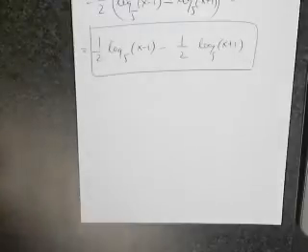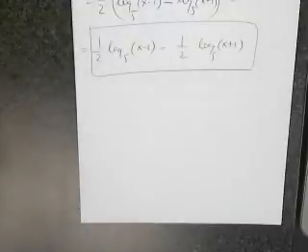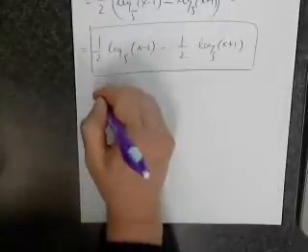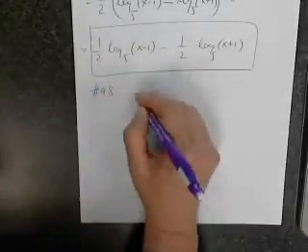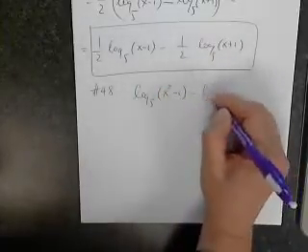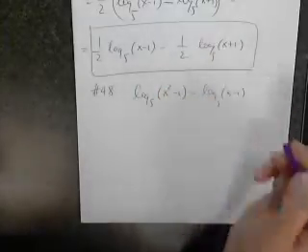Now I would like to condense 45 through 54. I'll choose 48 and then you choose the next. Log base 5 of x squared minus 1 minus log base 5 of x minus 1.